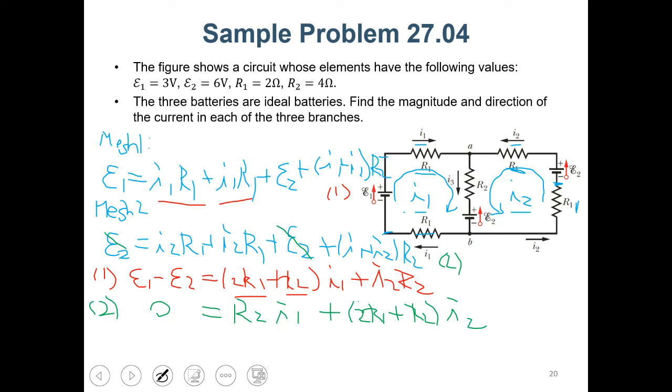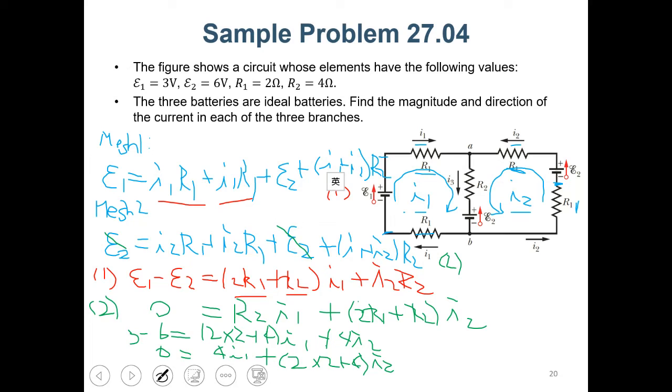So 1 will be 3 minus 6 equals 2 times 2 plus 4I1 plus 4I2. And the second one will be 0 equals 4I1 plus 2 times 2 plus 4I2, something like this.